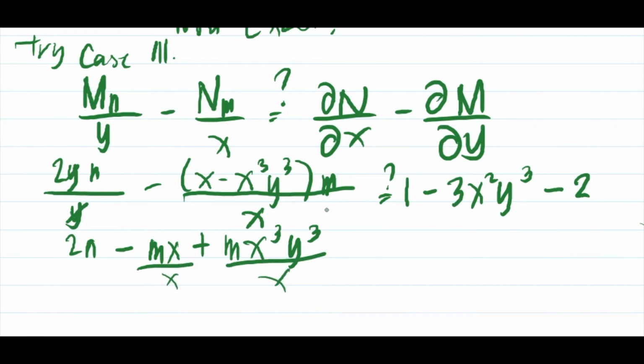On the right, 1 minus 2 is equal to negative 1, so minus 3x squared y cubed minus 1.